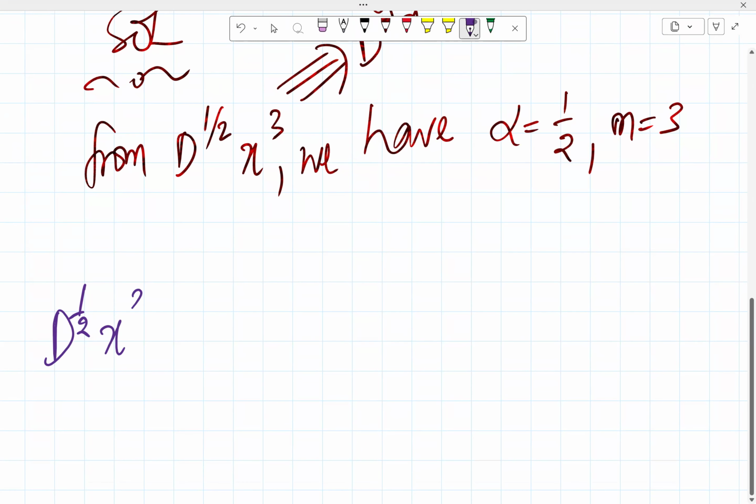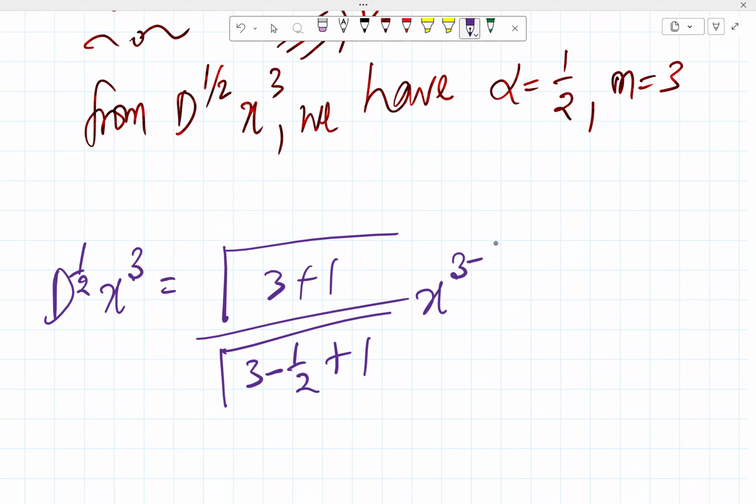M is 3, so that's gamma of 3 plus 1 over gamma of 3 minus half plus 1, then x raised to power 3 minus half. So that's what we have to deal with.